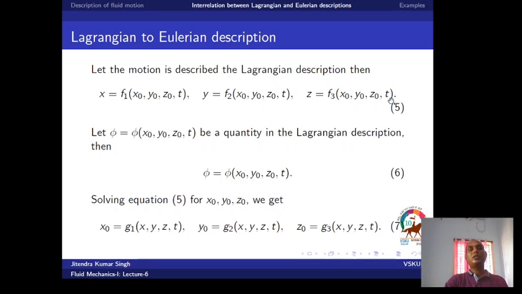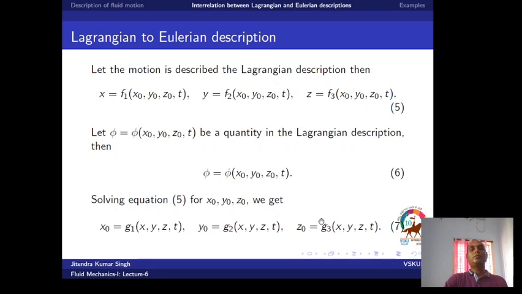So suppose the solution of equation 5 is given by equation 7, that is x naught is equal to function g1 of x, y, z, t, y naught is equal to function g2 of x, y, z, t, and z naught will be the function g3 of the space coordinates x, y, z, t.